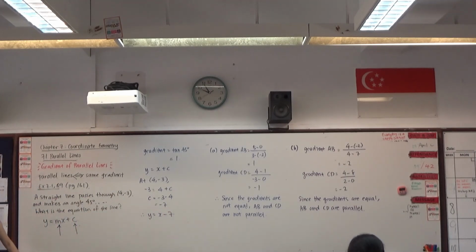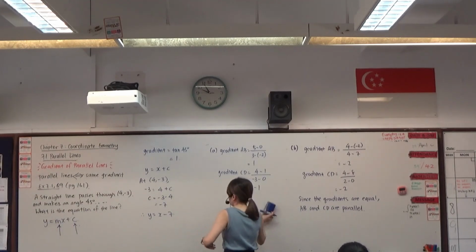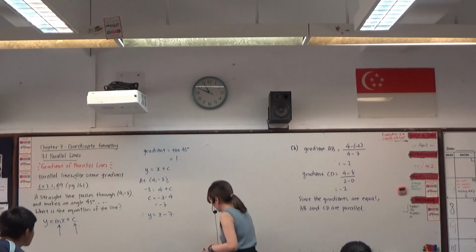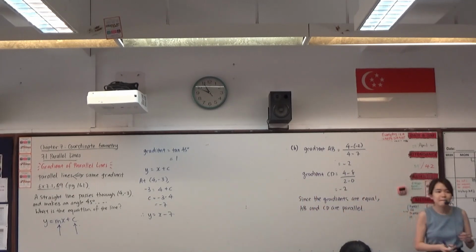Okay, Yang Yi, I hope I managed to ring a bell. Okay. So we get y equals x minus 7.